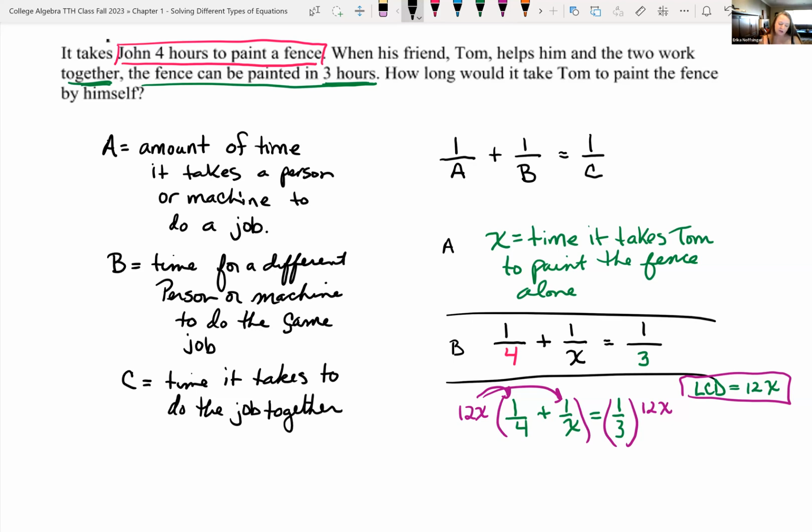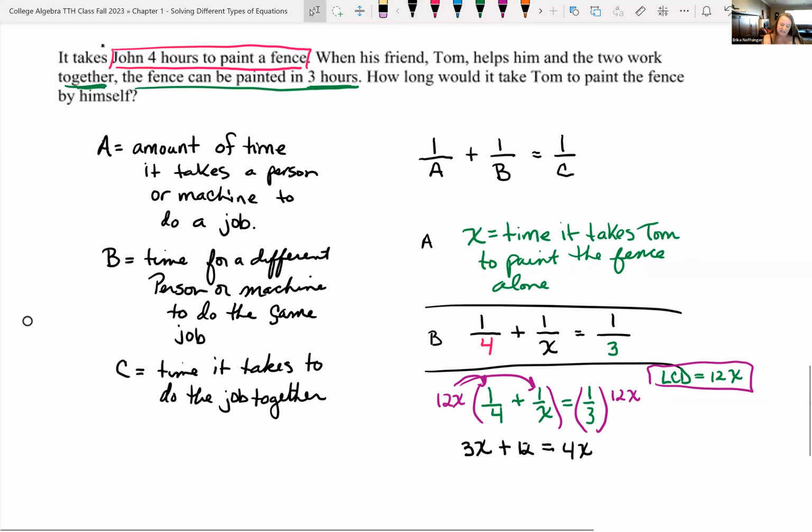So I have 12x times 1/4. So 4 goes into 12 3 times, so I'm left with a 3x when I distribute 12x to 1/4. 12x times 1 over x, well, that's 12x over x, so that just leaves me with plus 12, is equal to 1/3 times 12x, 3 goes into 12x, 4x times. So let's get x by itself.